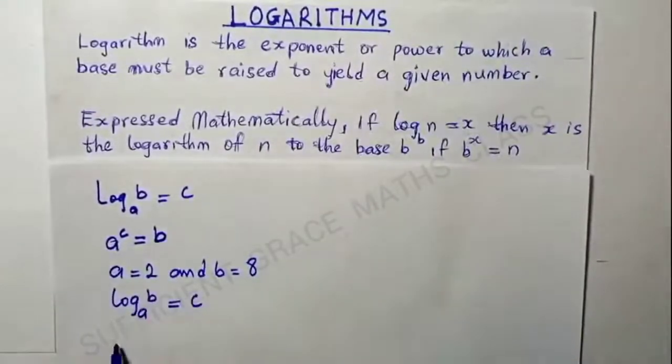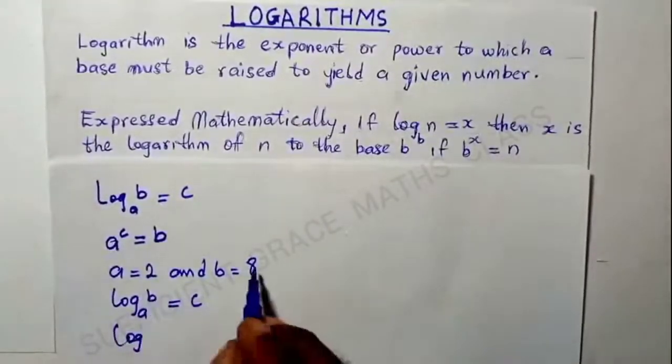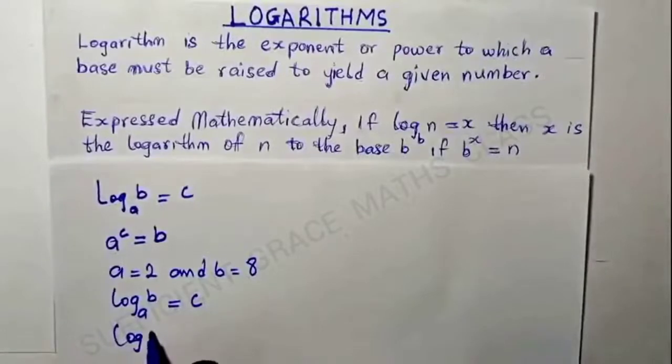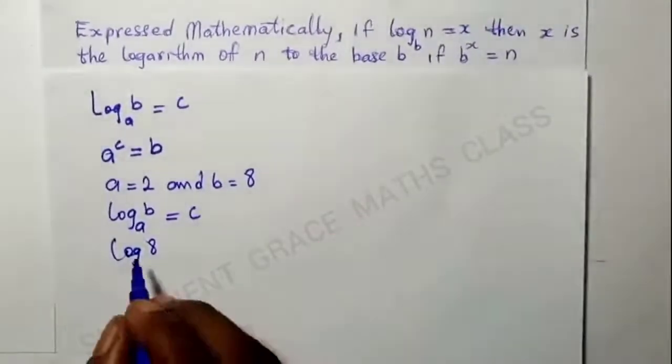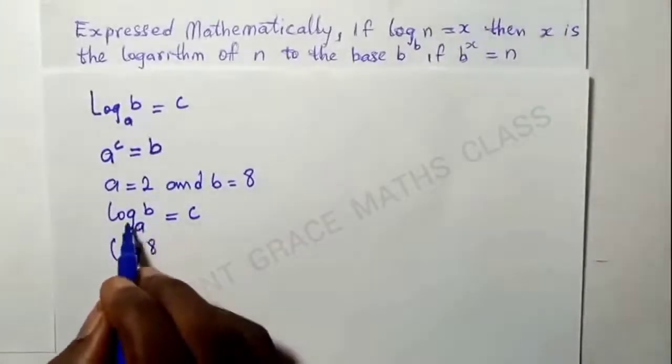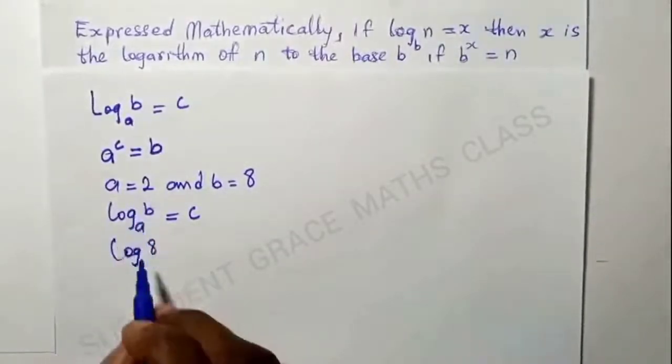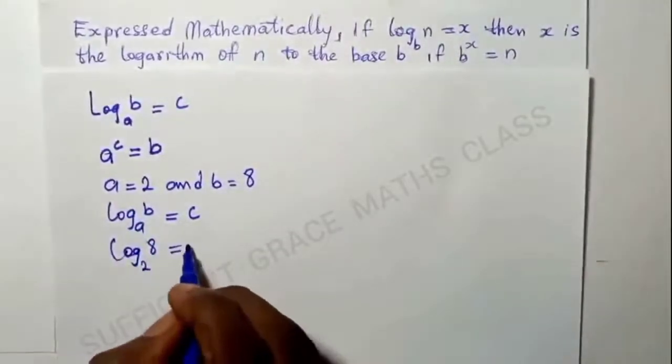Now, by substitution, we have been given b to be 8, so log of 8 to base 2 equal to c.